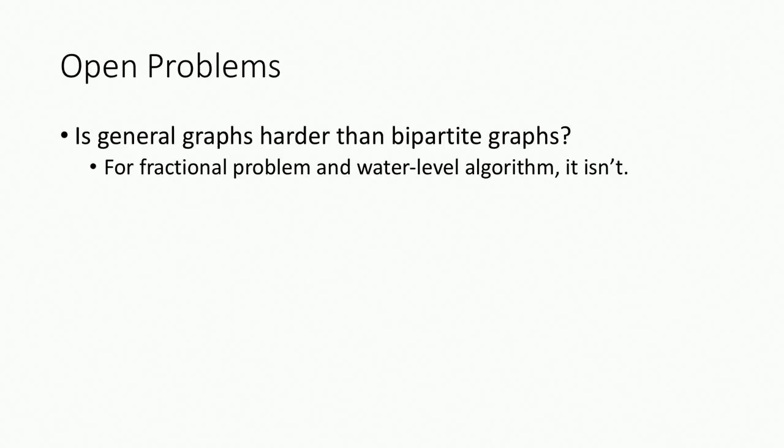Okay, so I'm going to wrap up with some open problems, although I already sort of hinted at one of them. So one is: are general graphs fundamentally harder than bipartite graphs? You can see that in the analysis of ranking, considering general graphs does introduce a lot of trouble, and we get a worse ratio. But for the fractional problem and water level algorithm, it's not.